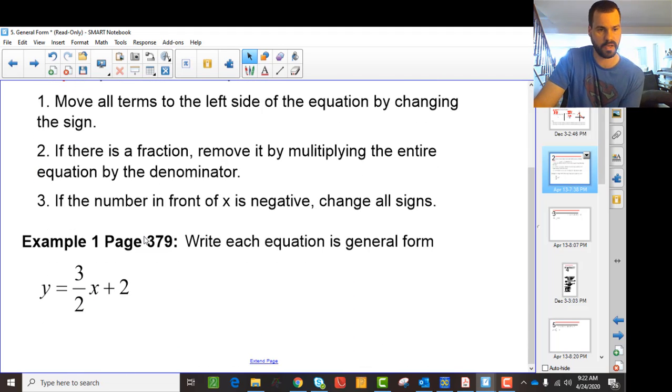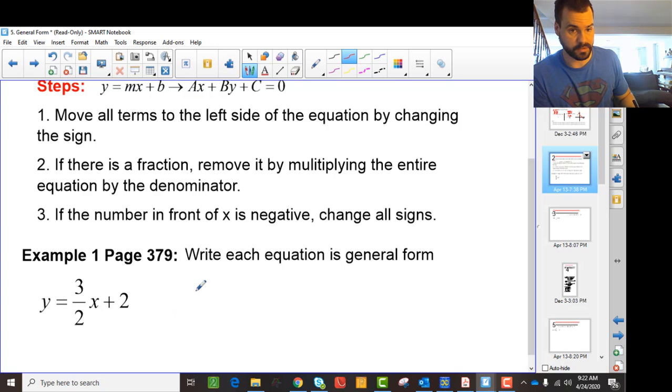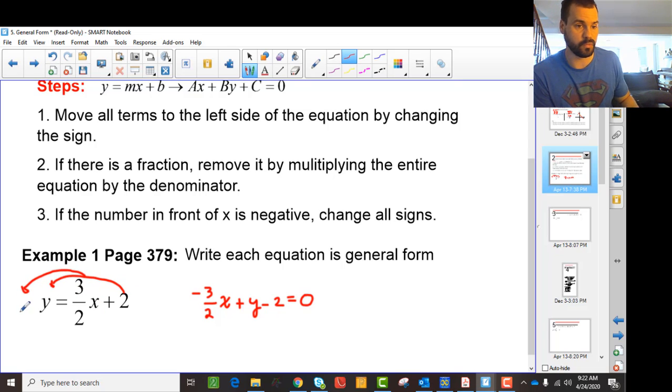Let's follow those steps with this equation. First I bring everything to one side, which means I write this as minus 3/2 x + y minus 2 = 0. All I did was bring this over and make it negative, and bring this over and make it negative. The y is already there, so it stays positive.